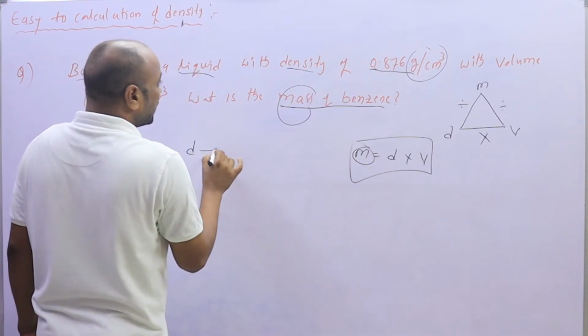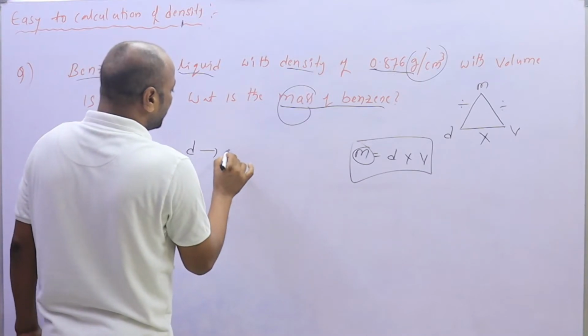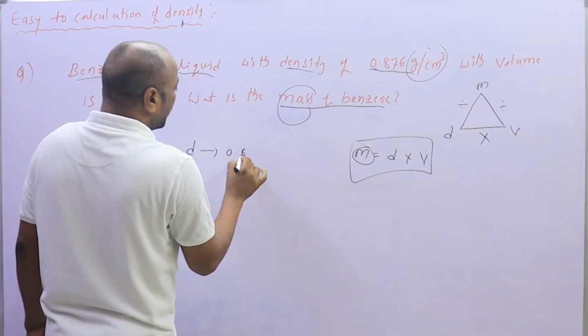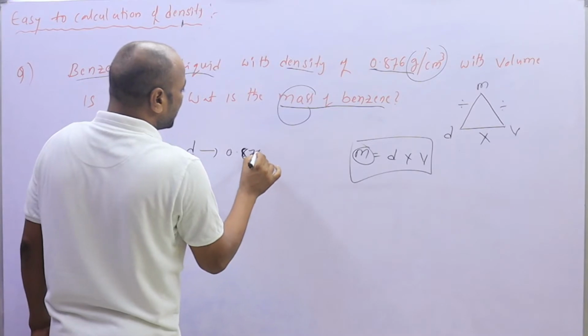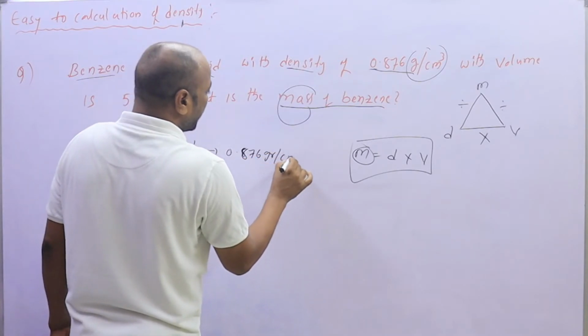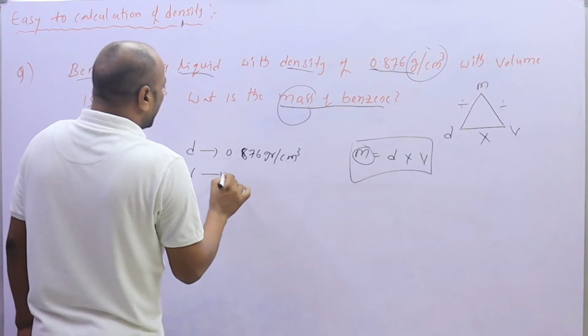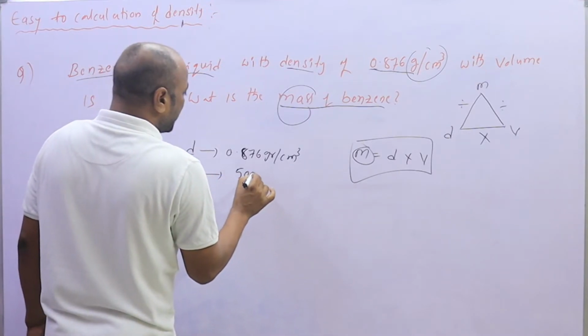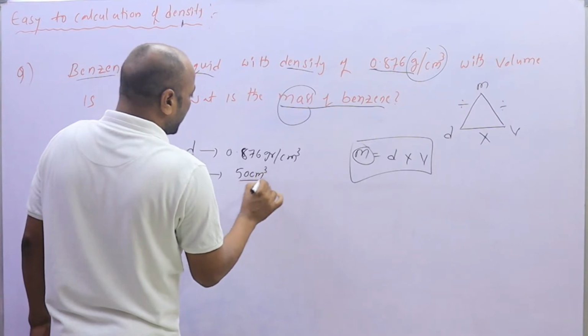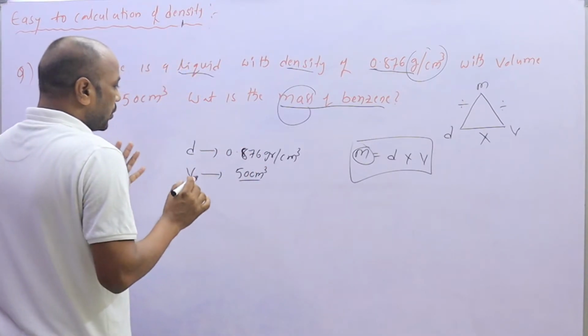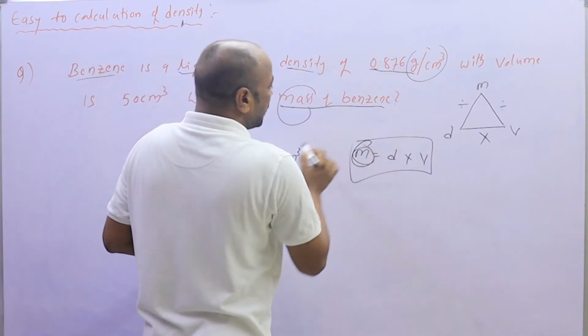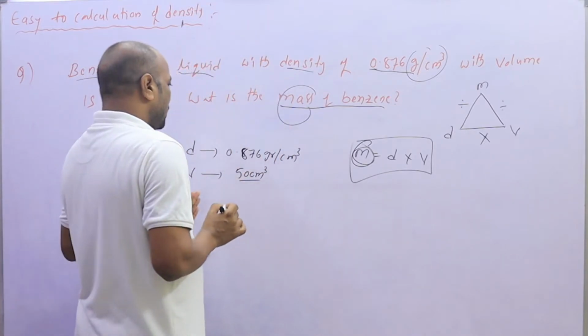In this question, the density of benzene is 0.876 gram per centimeter cube, and the given volume is 50 centimeter cube. So you can find the mass of the benzene.